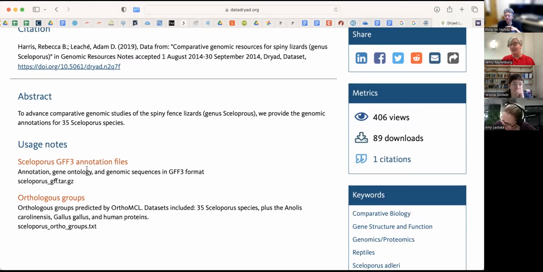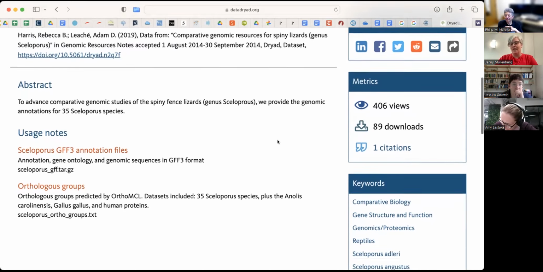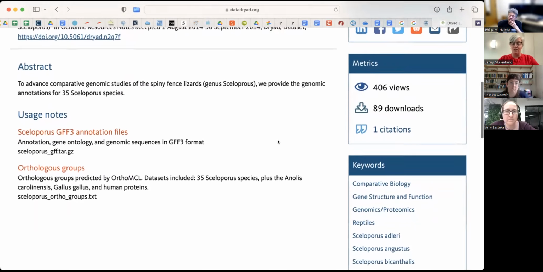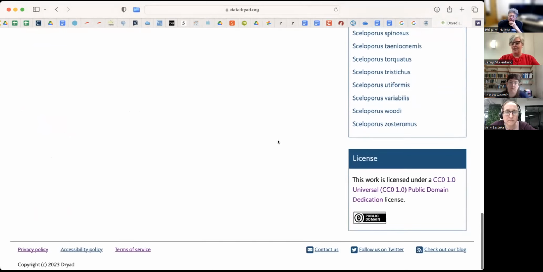That's usually me because I click on this data set all the time. So that's a lot there. But more importantly, you can see how many people have downloaded and cited your data. So that's handy for people who are interested in tracking the sorts of citations that their data might have that's independent of an article. And then keywords, this is a long one, but you'll see here there's a link to the license at the bottom so that people understand that your data is in the public domain.